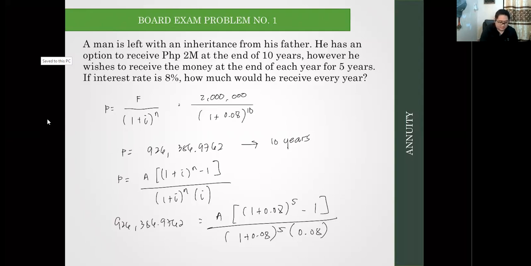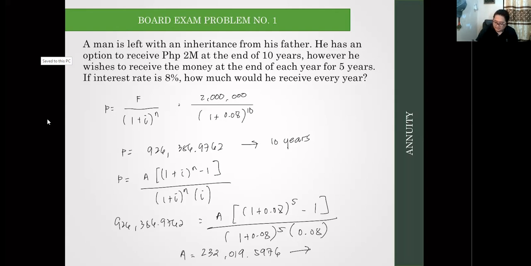So, yung amortization value will be equals to 232,019.5976. Okay? So, para makuha niya yung pera in 5 years, ito yung matatanggap niyang pera para dun sa mana niya. Okay?